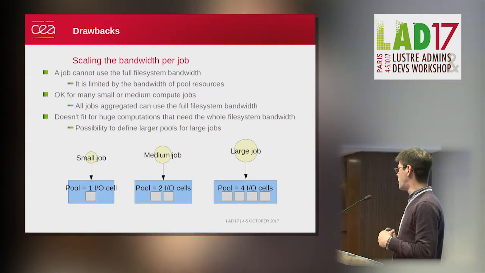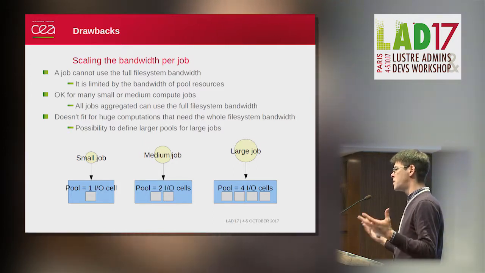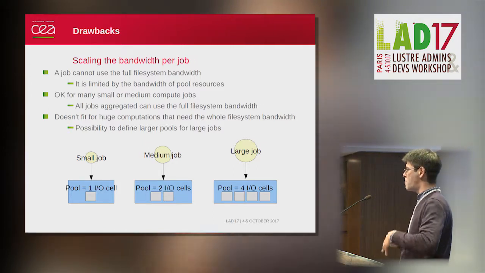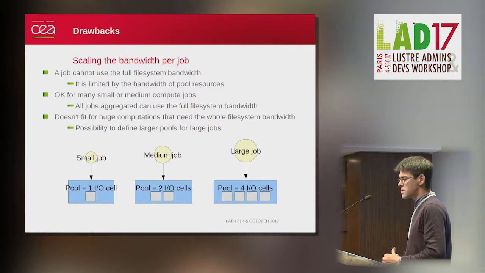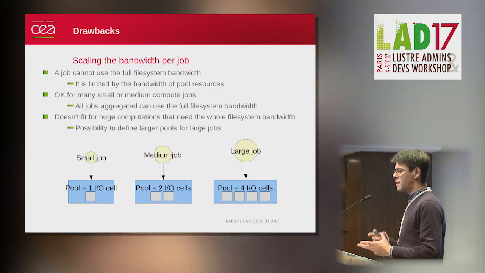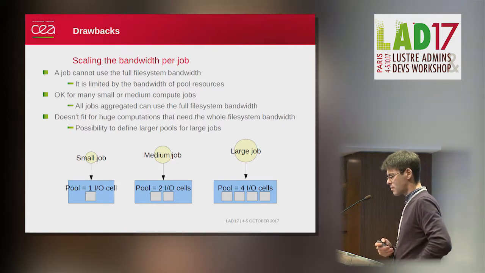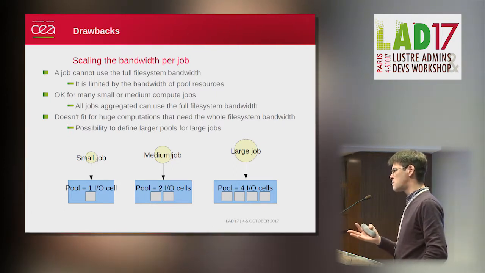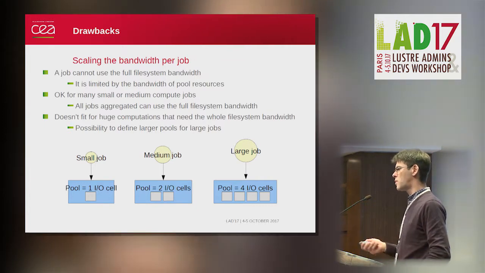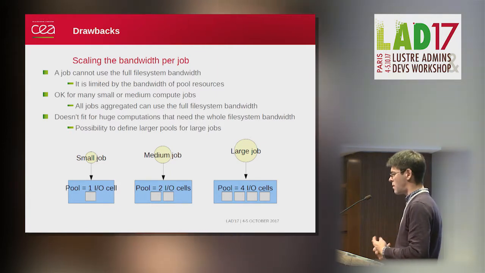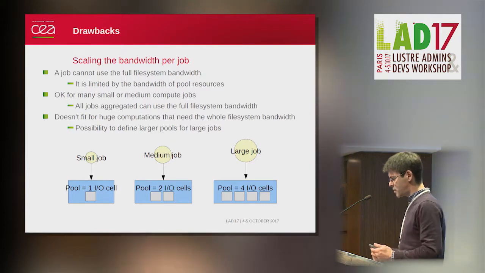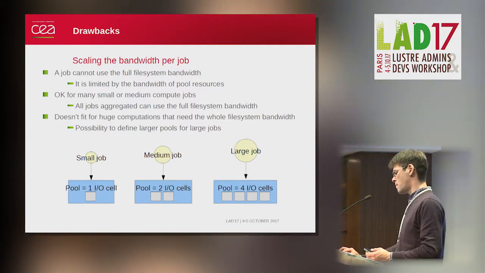So it's okay if the compute cluster is full of small or medium jobs, but if you run big computations taking the whole cluster, which I guess is not the most common use case, then this method has drawbacks. To adapt this method, you can define larger failure domains, for example using 2 HSL for medium size computation, or more for large jobs, but keeping the same idea of partitioning the file system into multiple pools.